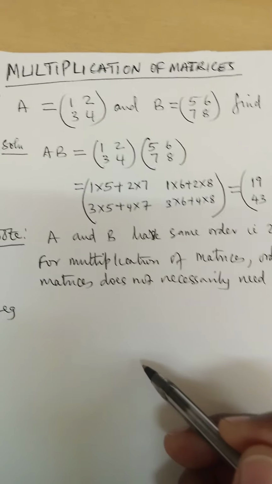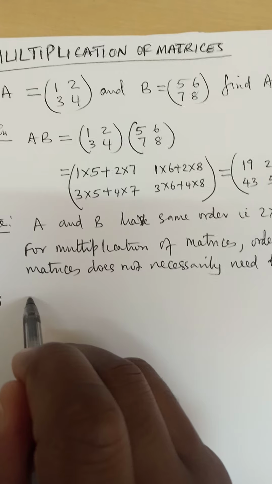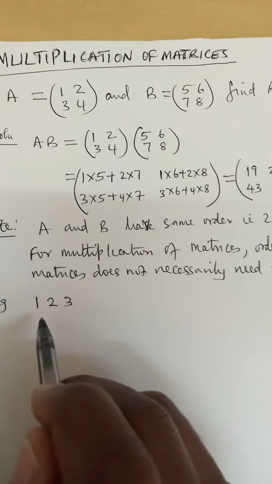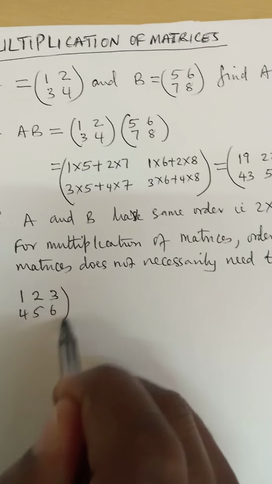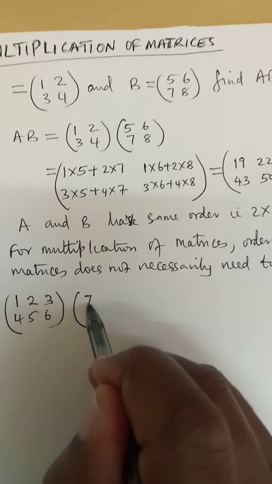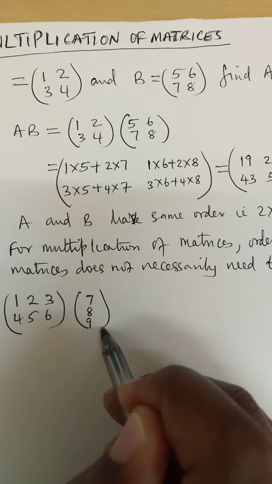As I can show you, if I have a matrix 1, 2, 3, 4, 5, 6, I can multiply it by 7, 8, 9.